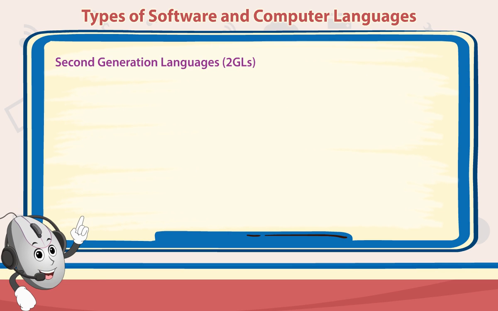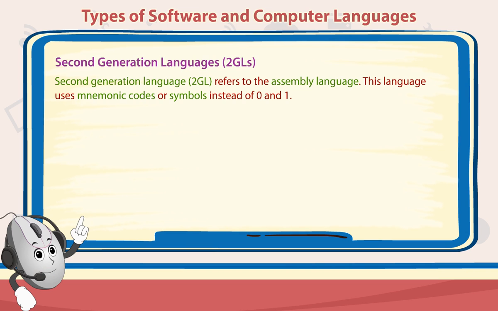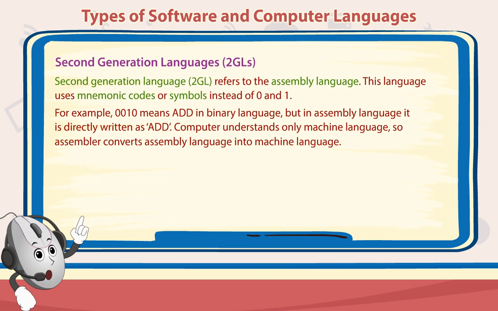Second generation languages, 2GLs. Second generation language, 2GL, refers to the assembly language. This language uses mnemonic codes or symbols instead of 0 and 1. For example, 0010 means add in binary language, but in assembly language, it is directly written as ADD.